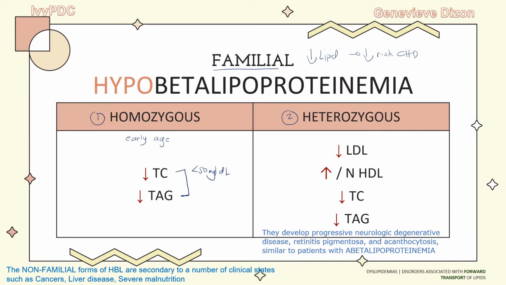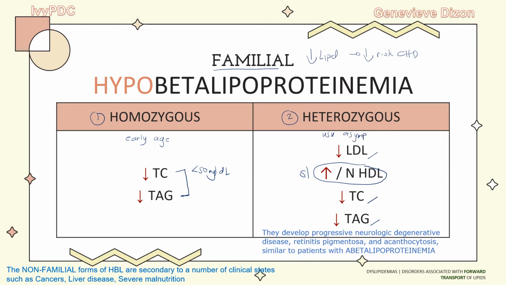Heterozygous also has a decreased lipid value, decreased LDL, total cholesterol, and triglyceride, with only HDL having a normal or a slightly increased value. Heterozygous FHBL is usually asymptomatic.